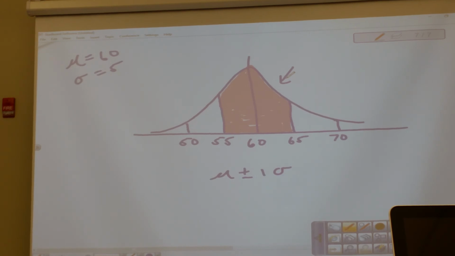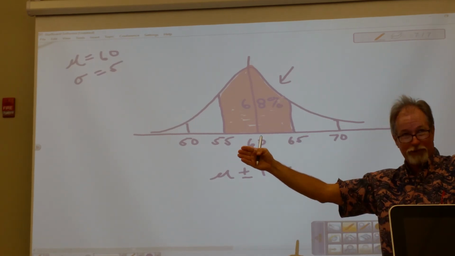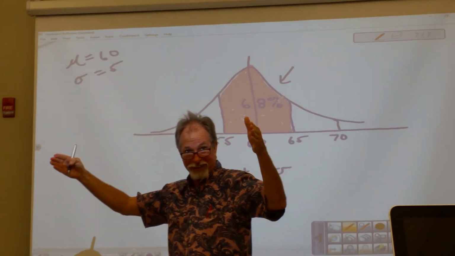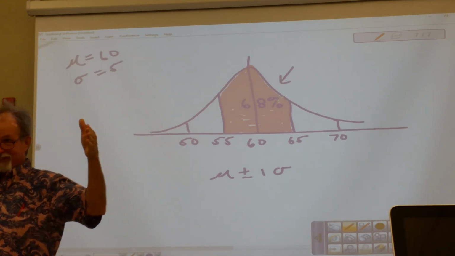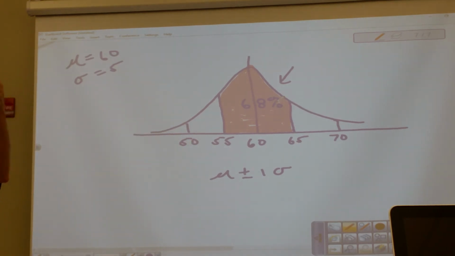Not a uniform distribution. We talked about a normal distribution. And we said that 68% is always between plus and minus 1 standard deviation, right? Remember when we talked about that in the first week of class?